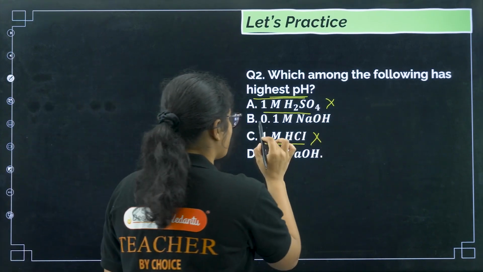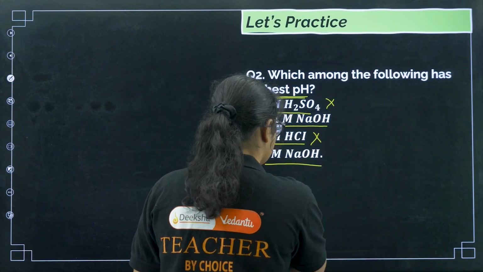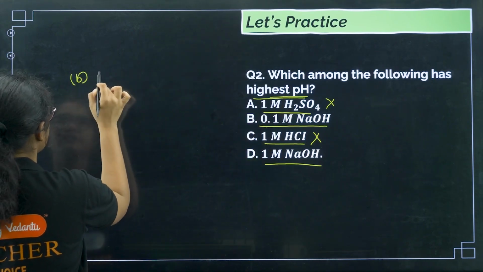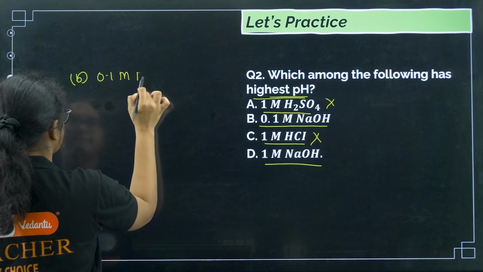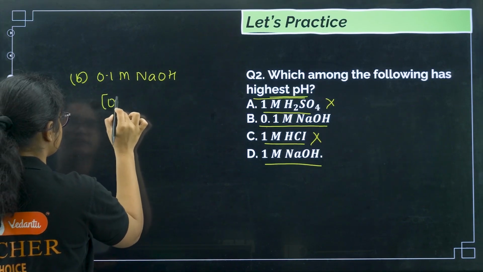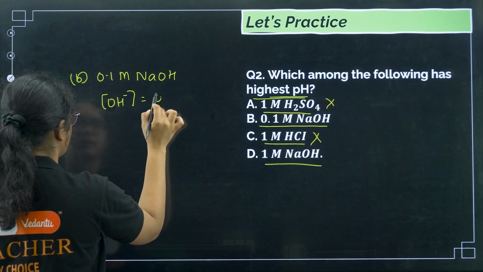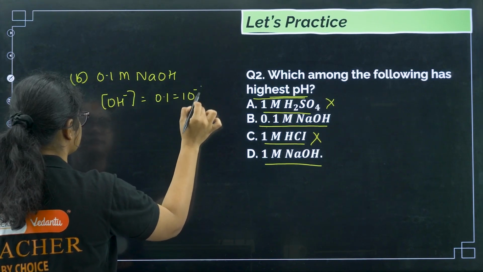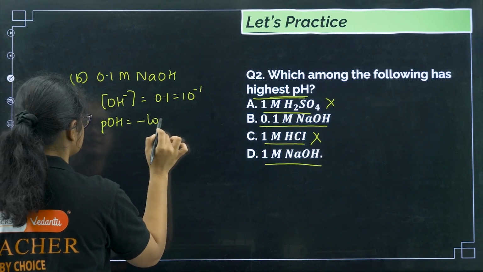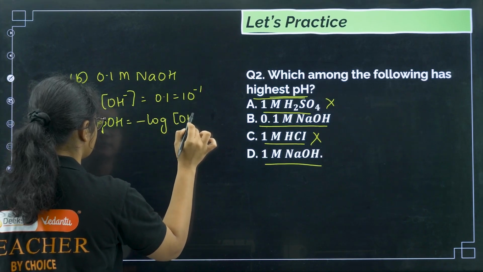Now you see here you have 0.1 M NaOH. So I can say the concentration of OH minus is 0.1 or 10 to the power of minus 1. Now from here, I calculate pOH, that is minus log of OH minus ions.